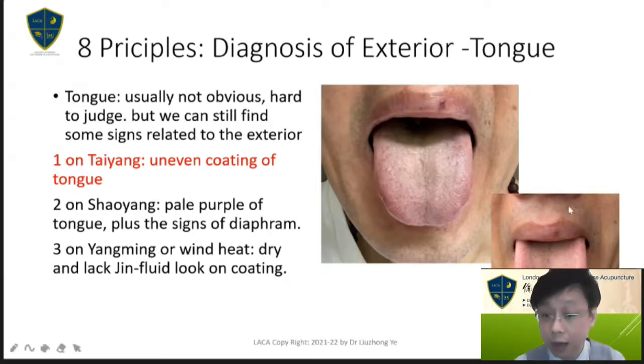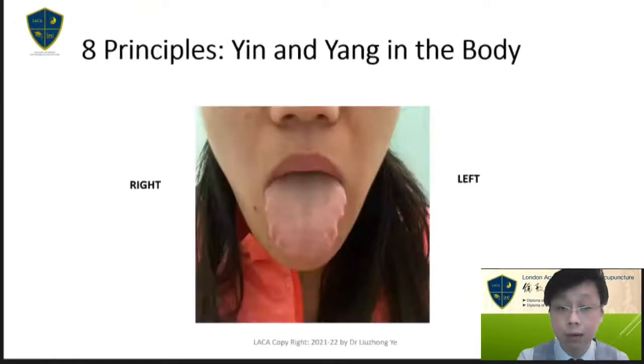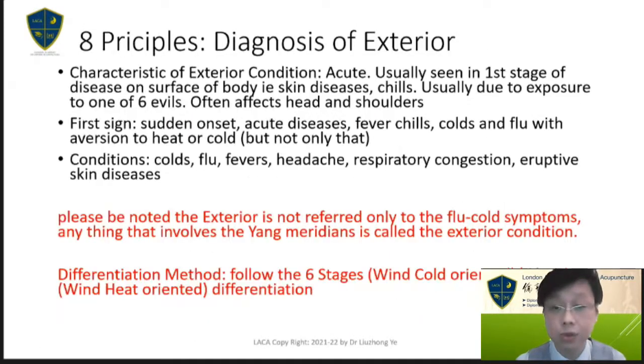Now, this is the normal type of coating you can see. But when you look at this lady, earlier on, you can see this is also a type of uneven coating. It's not only the coating, it's that in this layer of coating, on the same level, you can still see some parts thinner, some parts thicker. That is actually a sign of Taiyang issues.